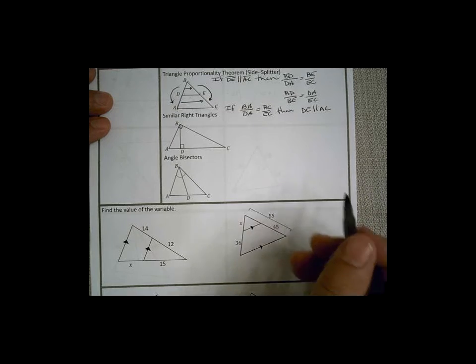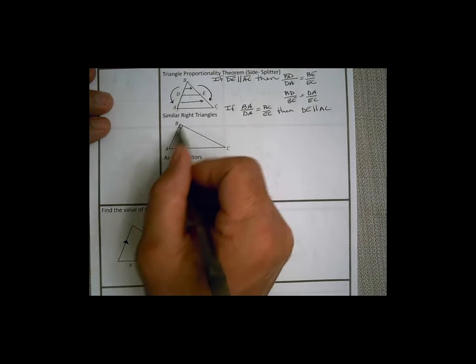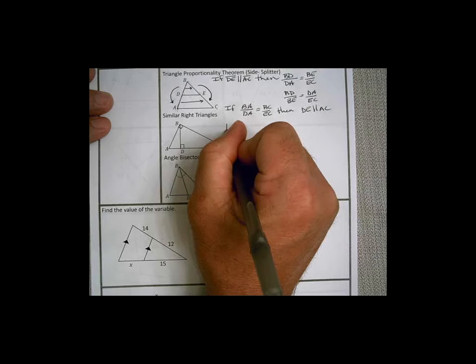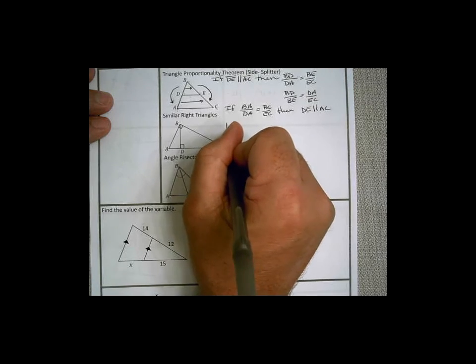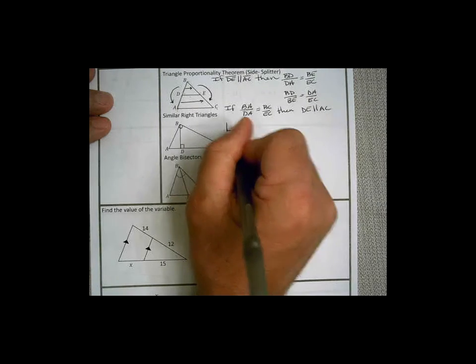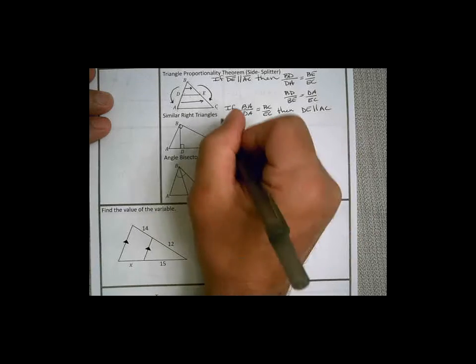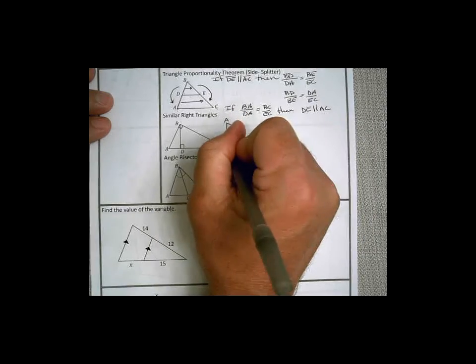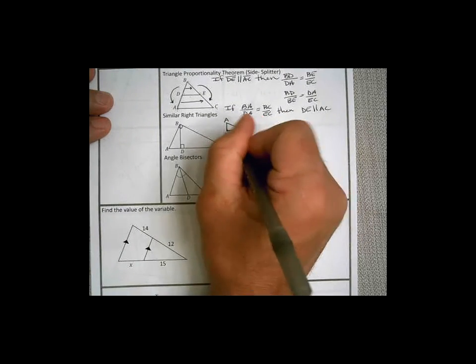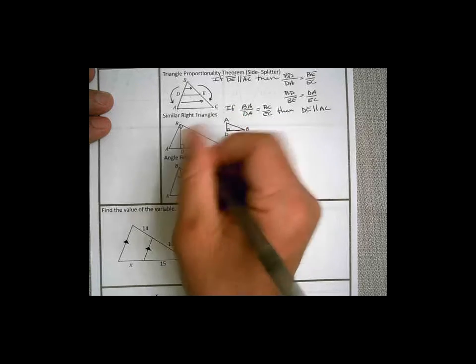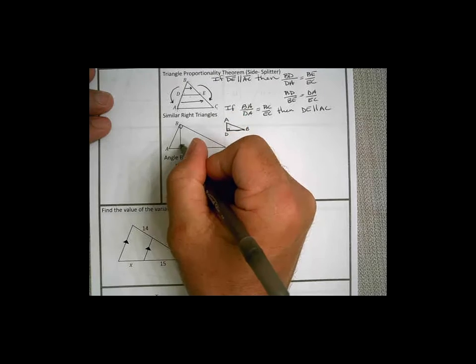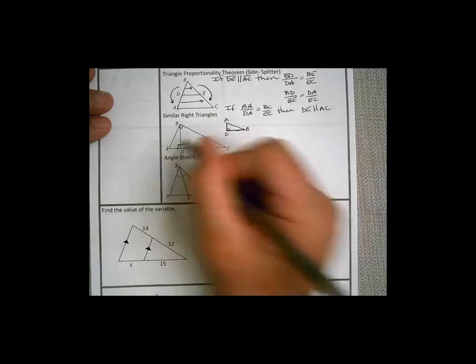So what we want to do is redraw all these triangles, and I'm going to draw them like this. I'm going to take ADB, draw ADB. This is ADB, and here we can see D is the right angle. This is 90, so that means this guy is 90 as well.